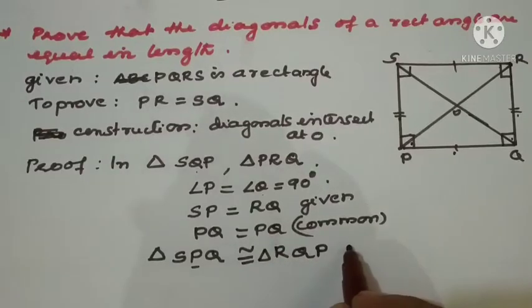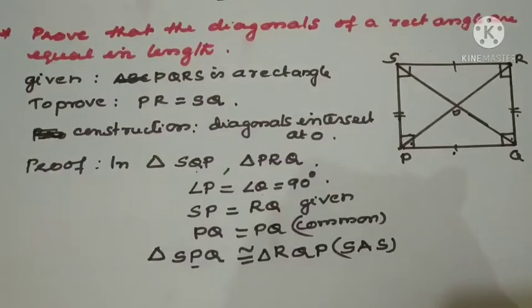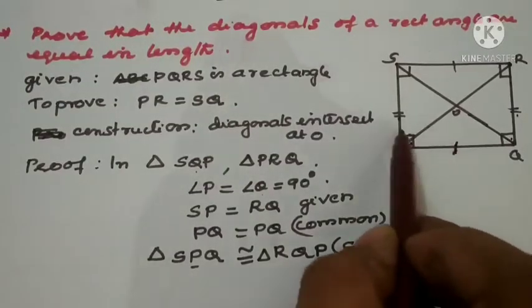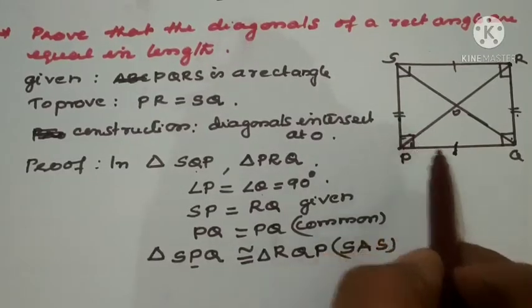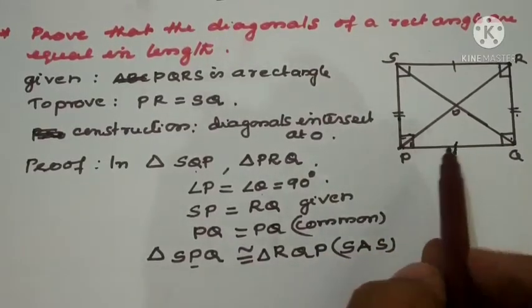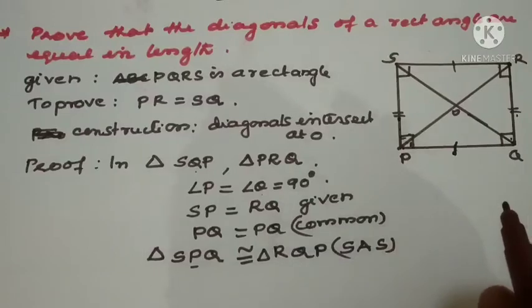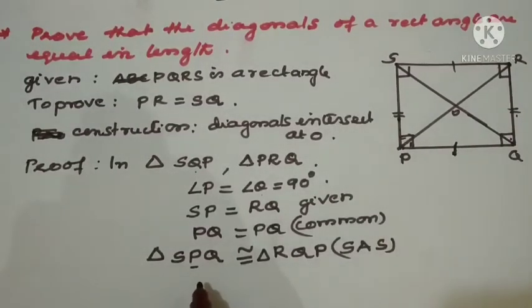The criterion is SAS: first equal side, the angle, and the second equal side. The angle is included, so SAS criterion. Always check whether the angle is included or not. Now what is the result we want? We need SQ and PR to be equal.